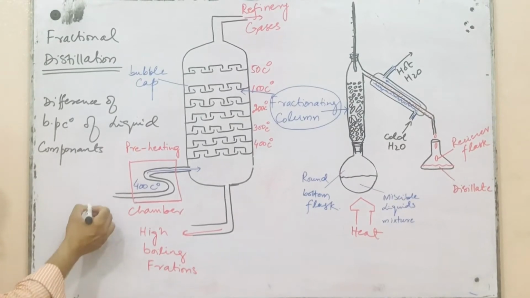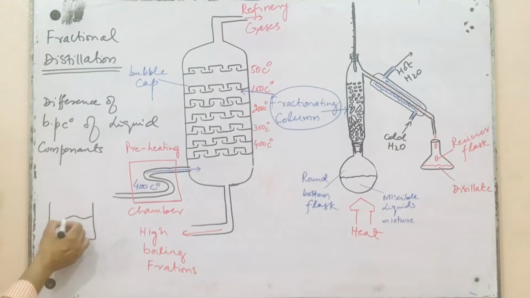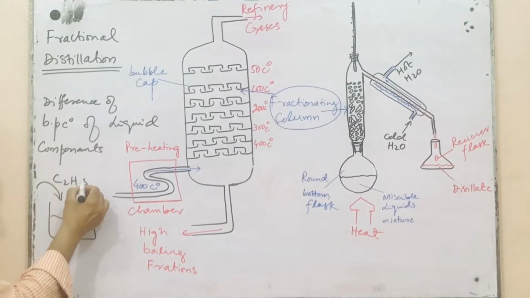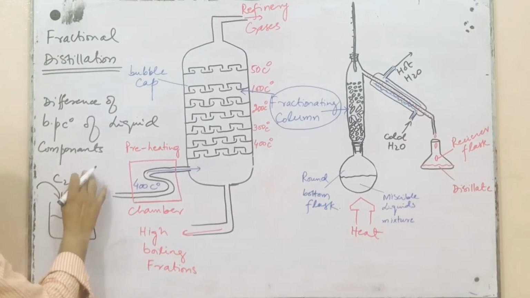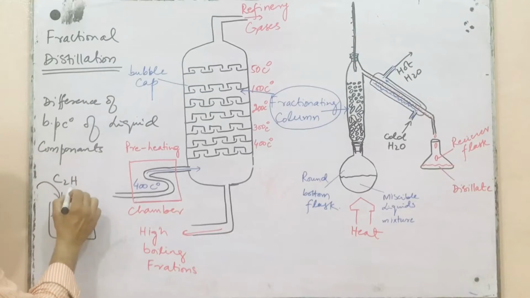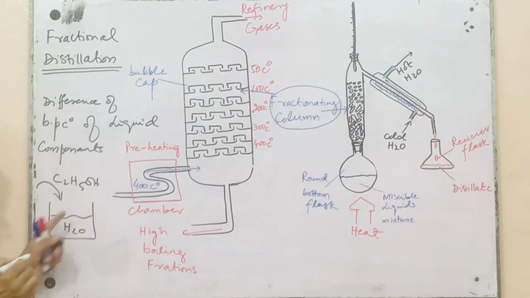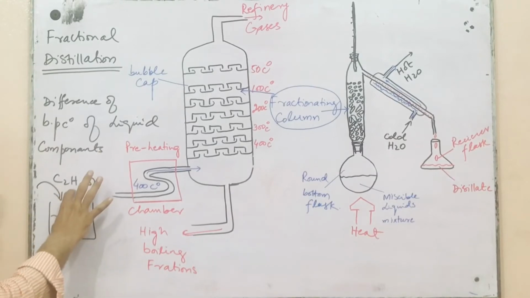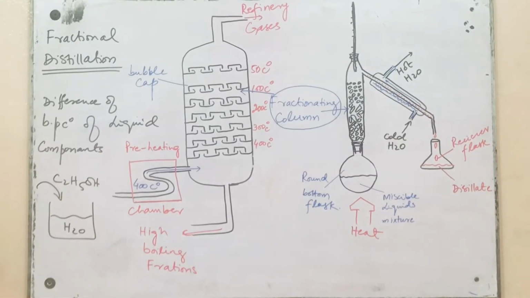For example, if I have water in a beaker and if I put ethanol, C2H5OH, into it, ethanol and water will be miscible with one another. This will become a mixture of ethanol and water.